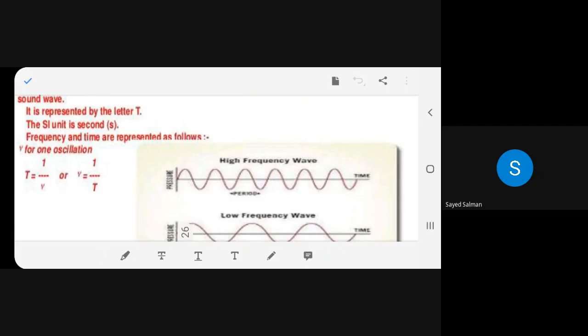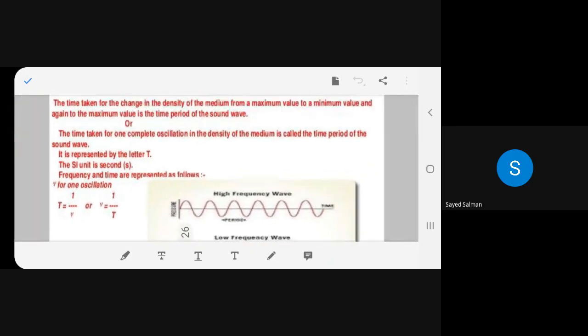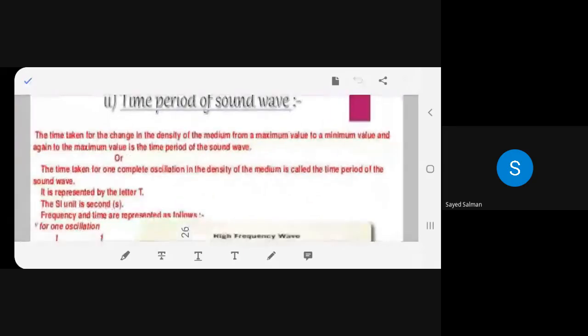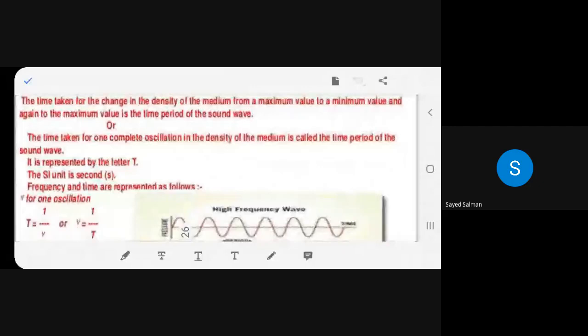So this is the relation of the frequency and time period. Just now we are revising it again. It is nu is equal to 1 upon T, or T is equal to 1 upon nu. What exactly is the time period? It is one complete oscillation. How much time does the particle take to oscillate, that is, the to and fro motion?